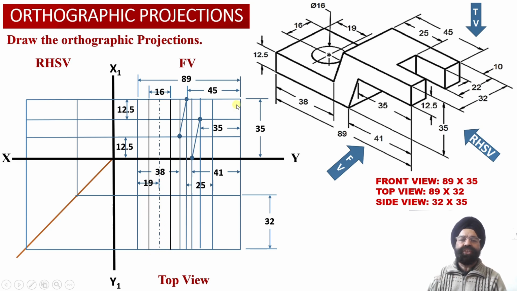So let us start joining the edges using the object lines which are visible to the observer. So we know that this Z shape of the object is visible to the observer, and the observer is going to look at the solid from the front view orientation.